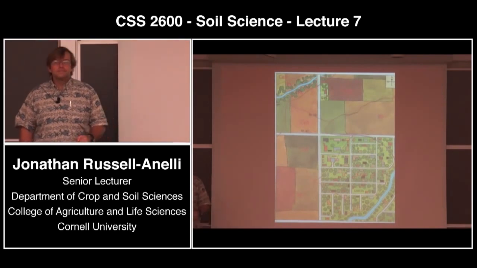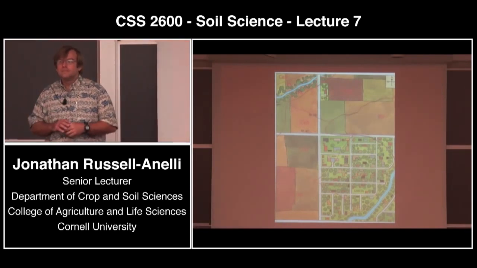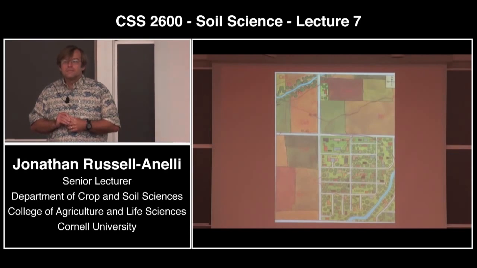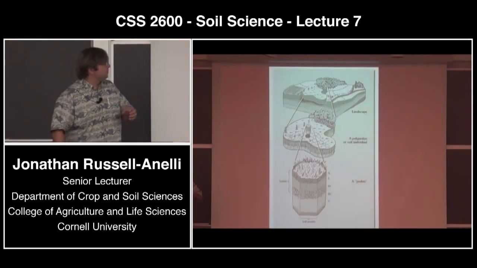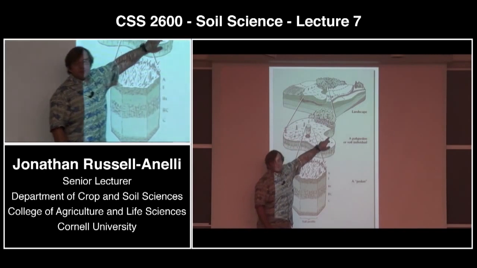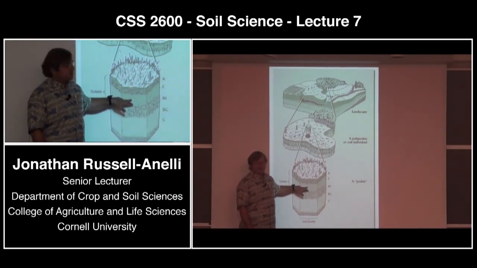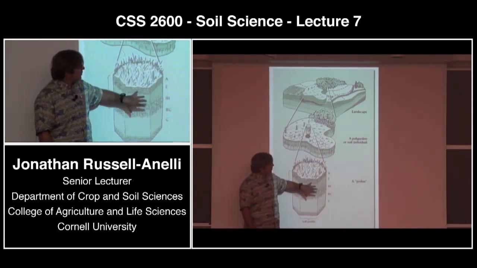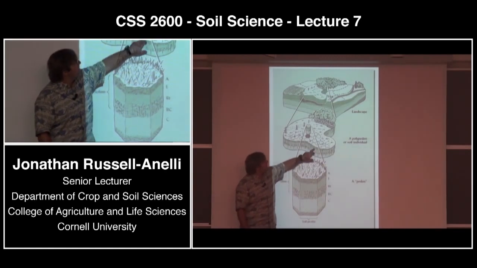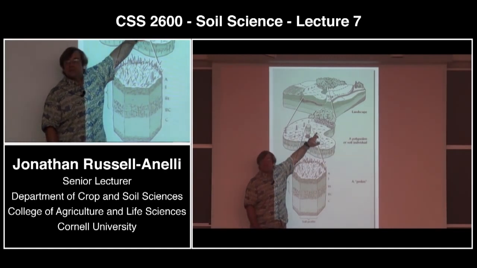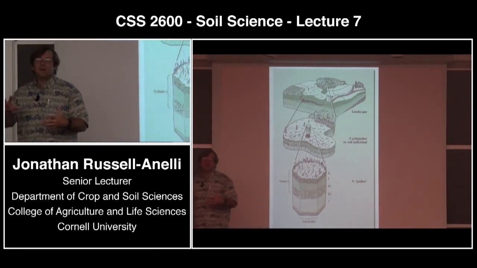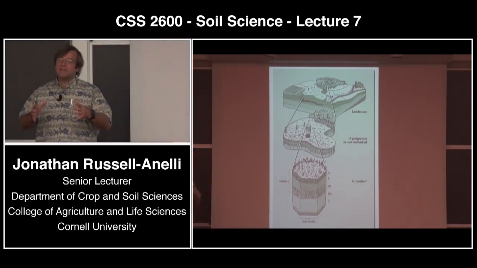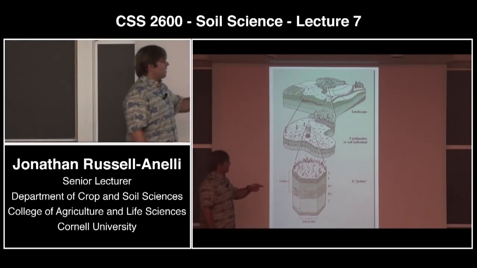If the polypedon is all the same as what it's made out of, the individual pedon, why do you make up a smaller unit? No, that's a good question. So if all of these polypedons are made up of this, why do we not just use this one unit? Well, the reality is that this is not exactly the same as every one of these other ones. This is a representation of an Arkport.